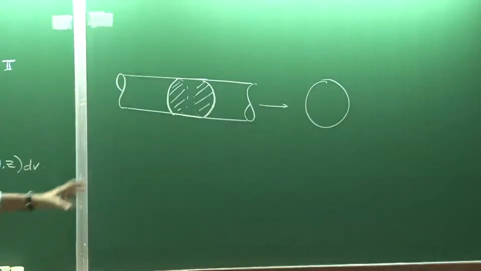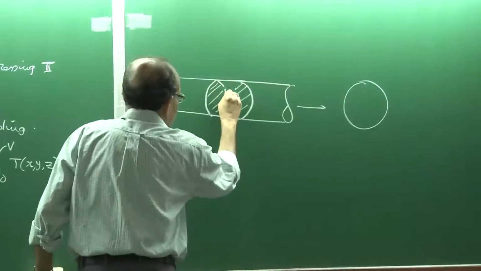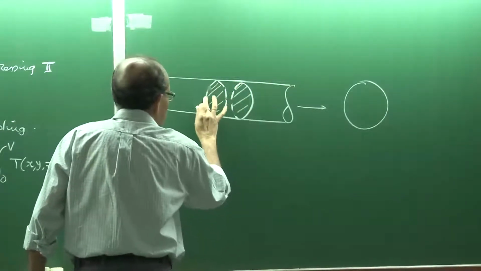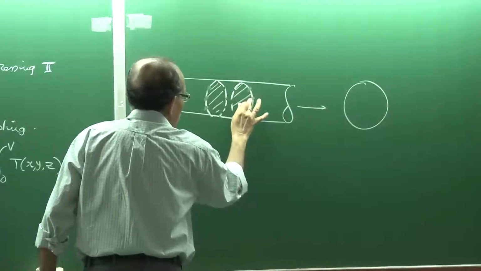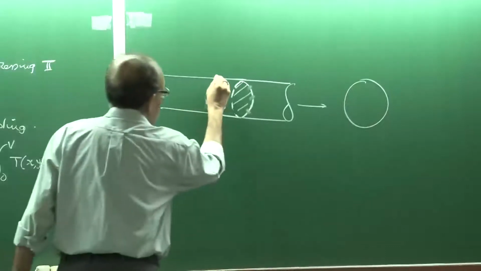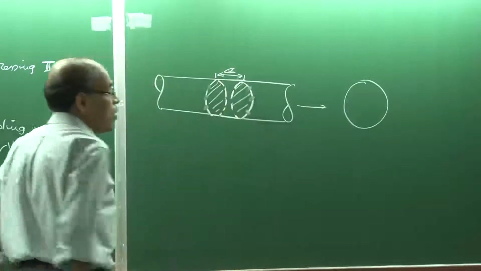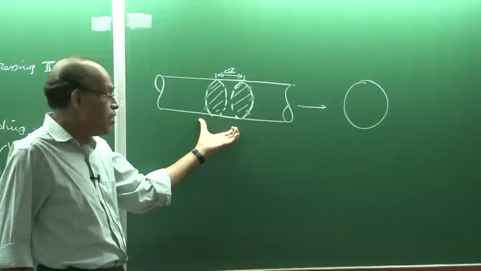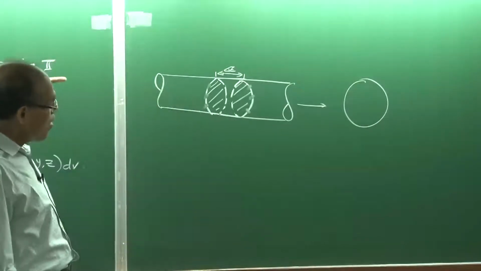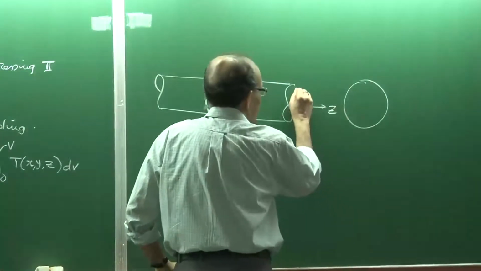That is a cylindrical portion of this, and this is the delta z. If the control volume is fixed in space, you can imagine that if the wire is moving, in that case there will be a net axial conduction term. This represents my z direction and this represents my r direction.